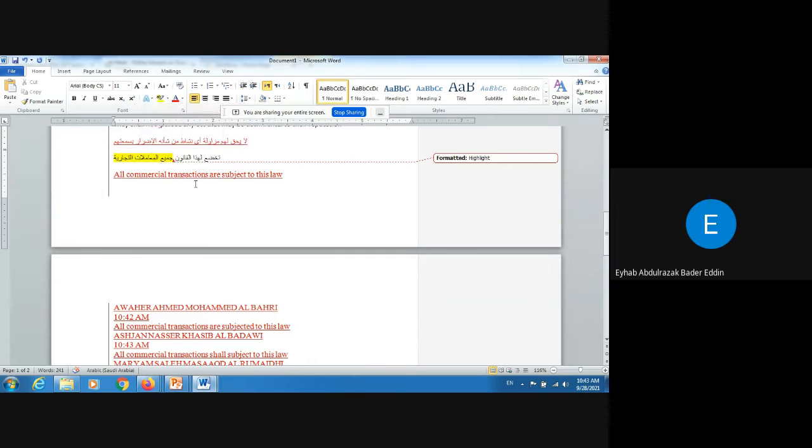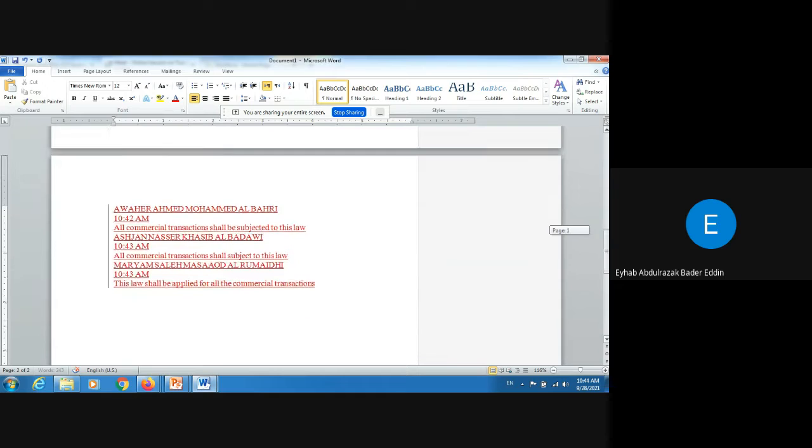All commercial transactions are subject to this law, but we have to use here "shall be subject to this law". Excellent. Jawahir says, again, the same thing, shall be subjected to this law. That's fine. Both are fine: "subject" as an adjective, or "subjected" when it is used as a verb.